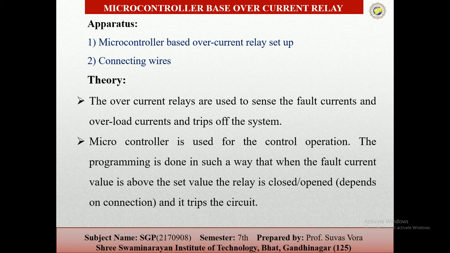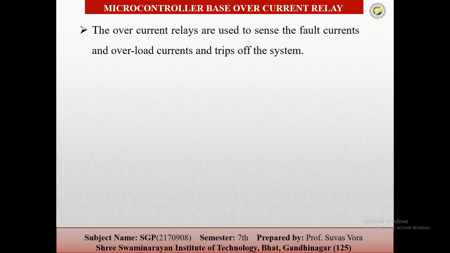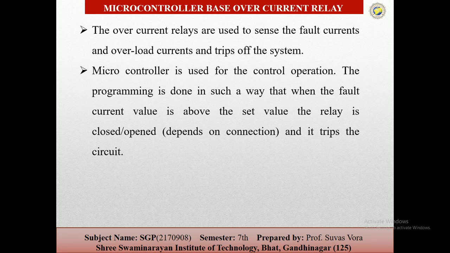The microcontroller is used for the control options. The programming is done in such a way that when the fault current value is above the set value, the relay is closed or open, depending on the connections, and it trips the circuit.